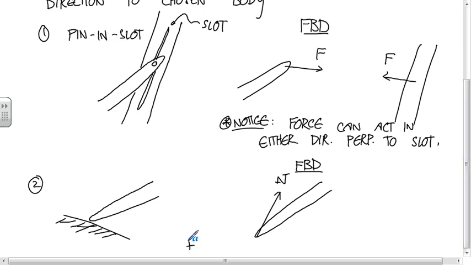Notice that in this case, for this to make sense, the force direction should be away from the contacting surface.